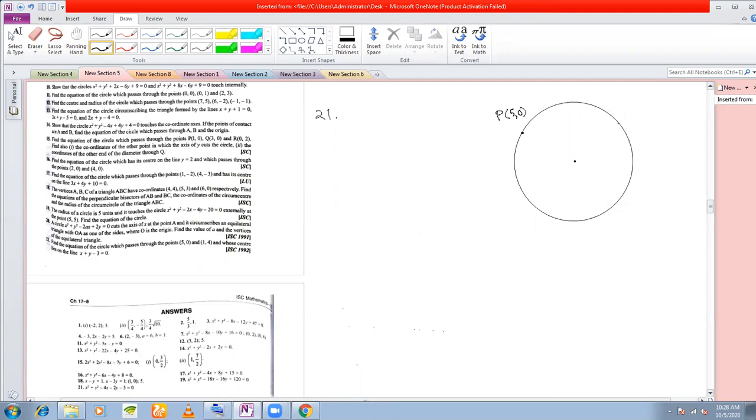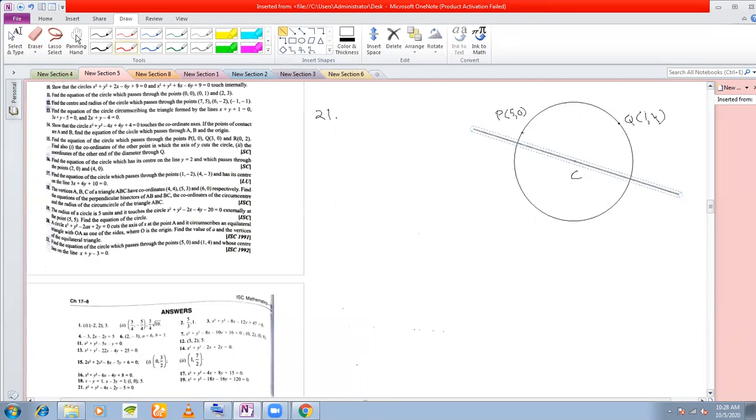And another point Q is given to you, say 1, 4. And whose center lies on the line x plus y minus 3. So this center of this circle, say I call this center as say O, or let's say C, actually lies on this line.